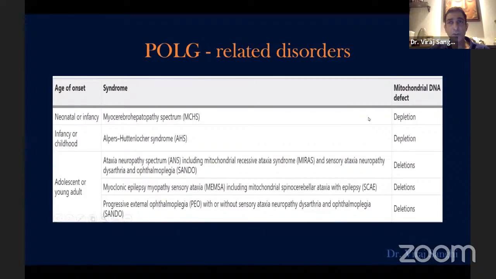And then as you go into the teens, you can even develop varying combinations of ataxia, neuropathy, myoclonic epilepsy, spinocerebellar ataxias. So there's a huge spectrum and very varied presentation of POLG, and especially with the explosion of genetic work that we're all doing and seeing in the clinics, more and more POLG-related disorders are coming to light. So this is something important for you all to know and also talk about in your exams.